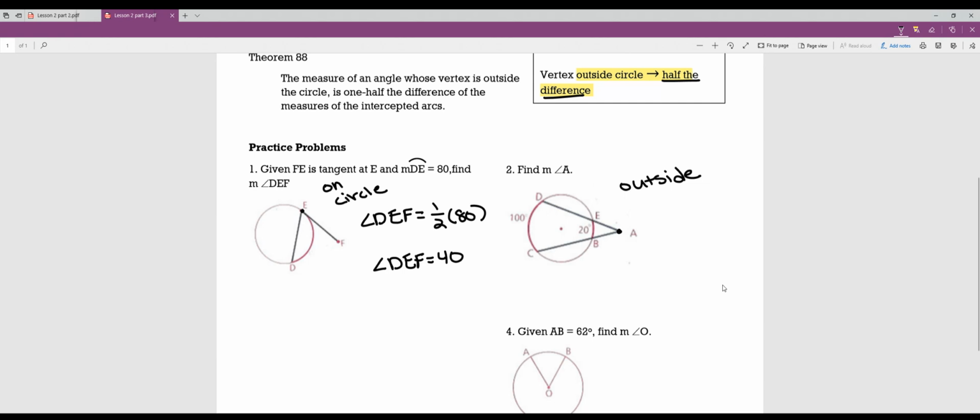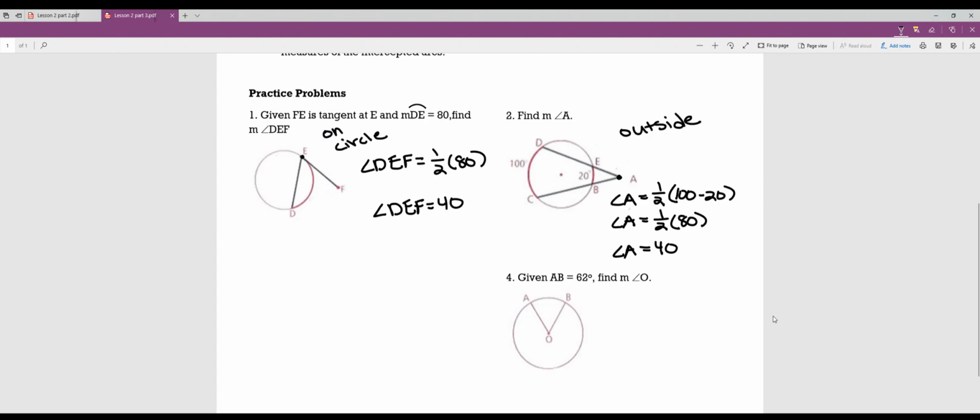One of them is 100, the other one is 20. So the measure of angle A is going to be 1/2 the difference of 120. So that means 100 minus 20. Well, 100 minus 20 is 80, and 1/2 of 80 is 40. So the measure of angle A is also 40.